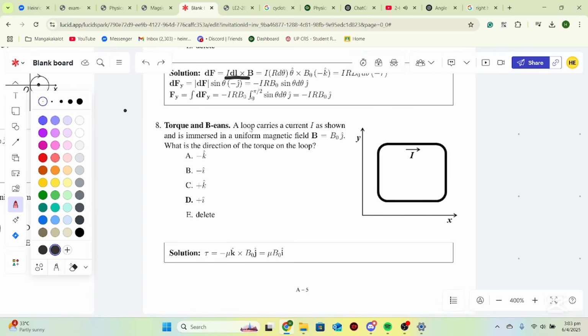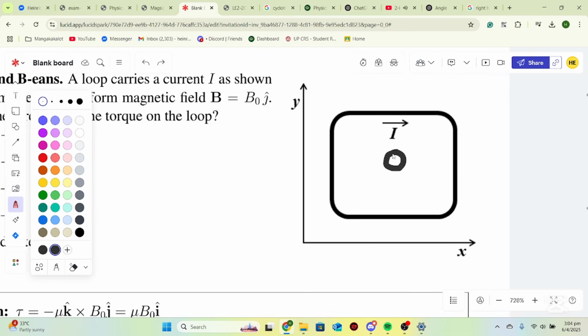For number eight, a loop carries a current I as shown and is immersed in a uniform magnetic field B equals B naught J. What is the direction of the torque of the loop? So first, we use the right-hand screw rule, and we know that since the current is moving clockwise, the mu is into the page.